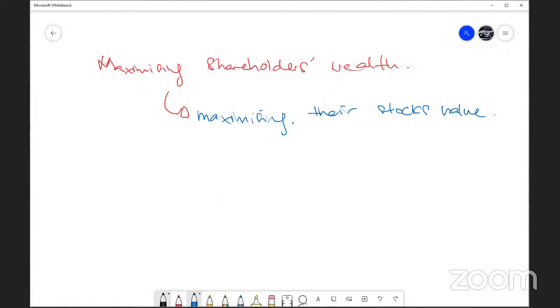Okay, so moving on to question 4 now. Do you think agency problem arises in sole proprietorships and or partnerships? Okay, so what is agency problem?